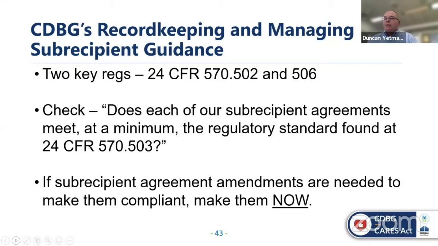Do a check of your subrecipient agreements. Does each of your subrecipient agreements meet, at a minimum, the regulatory standard found in 24 CFR 570.503? If you need to make amendments to those agreements to make them compliant, make them now.